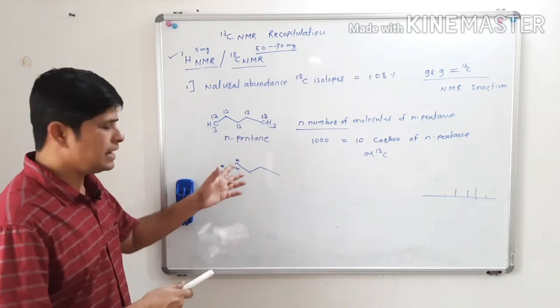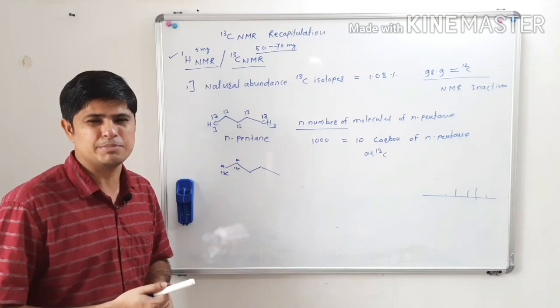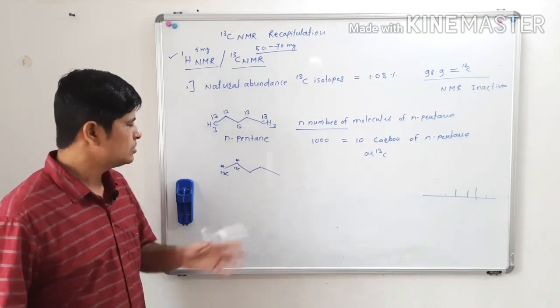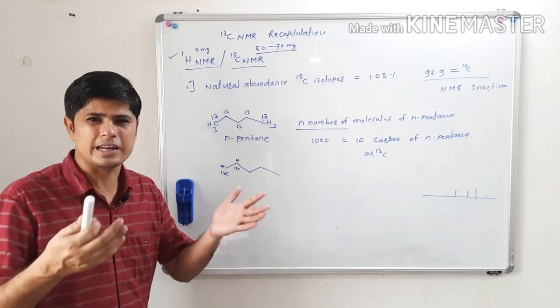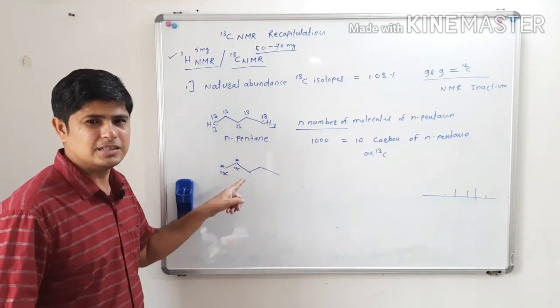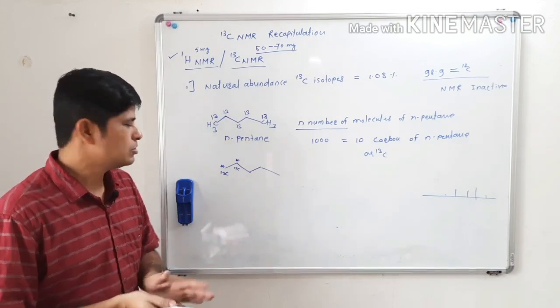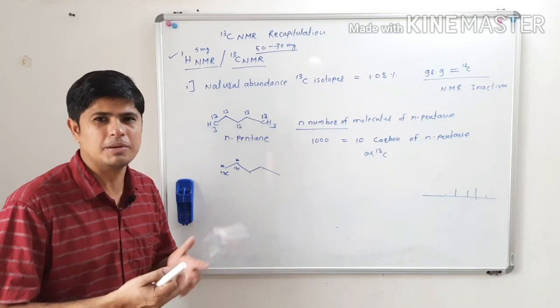Okay, so if we have simple molecules of around 30-40 carbon atoms, like peptides and proteins, even in that there will be a very rare possibility that two adjacent carbons are carbon-13 active. If they are active, then there will be trouble in analysis.